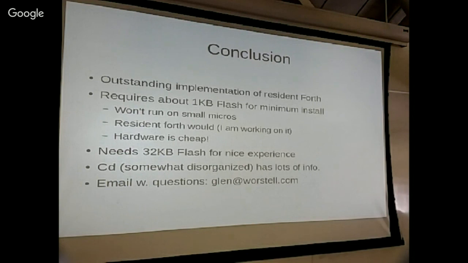But with FRAM, it's just like RAM, except it's non-volatile. You can read and write it a word at a time. You don't have to erase anything, just write over it, just like RAM, except it's non-volatile. So when you do a forget with FRAM, it in effect erases everything from the word you're forgetting and everything past that. And that's really nice and straightforward.